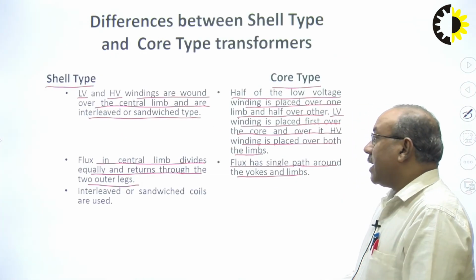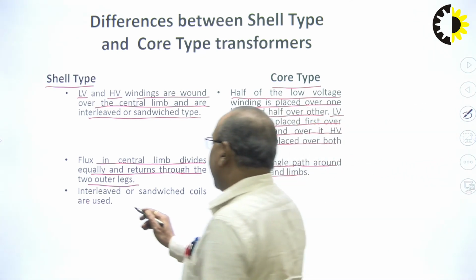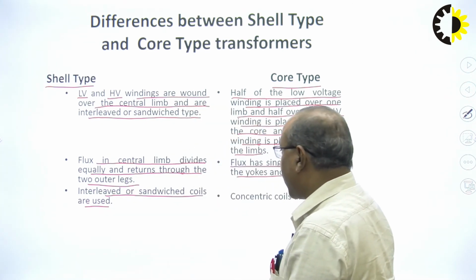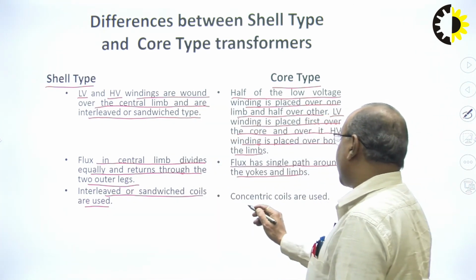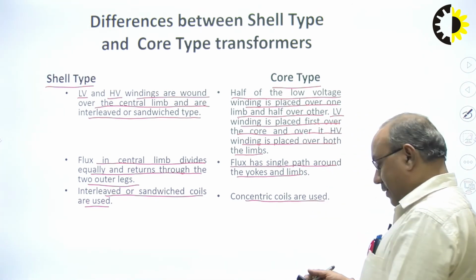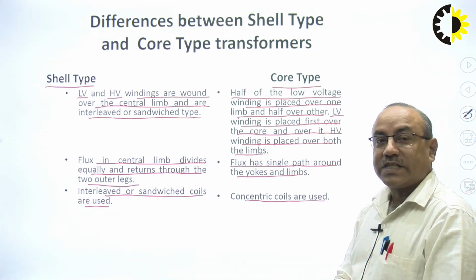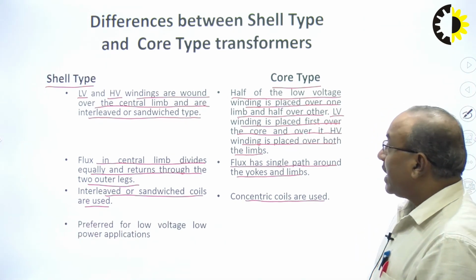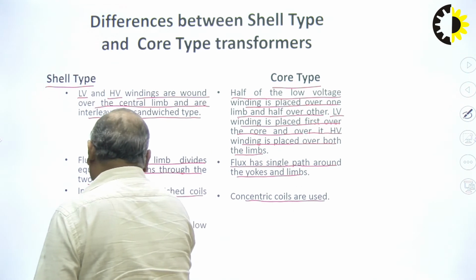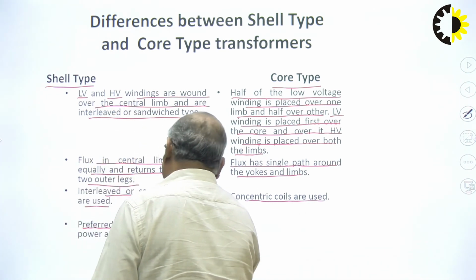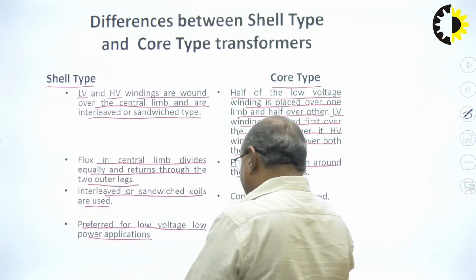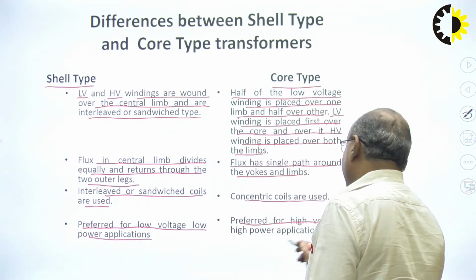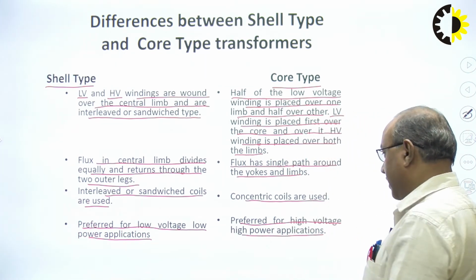Other than that, in shell type transformer, interleaved or sandwich windings are used, while in the core type transformer, concentric coils or windings are used, which are also known as cylindrical windings or coils. Shell type transformer is preferred for low voltage and low power applications, while core type transformer is preferred for high voltage and high power applications.